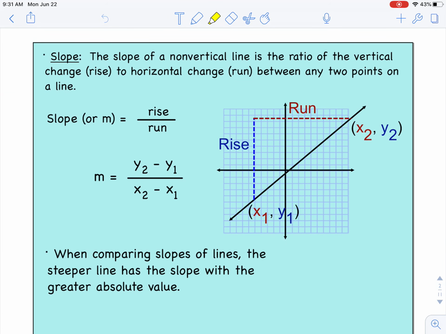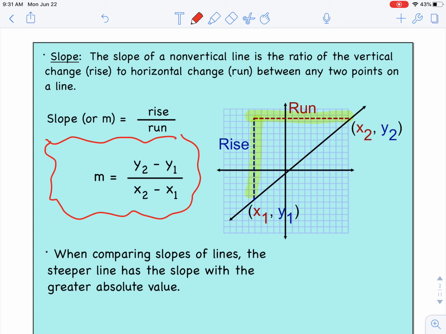The slope of a non-vertical line is the ratio of any vertical change, rise, compared to any run, horizontal change, between any 2 points. So slope is rise over run, or y2 minus y1 over x2 minus x1.